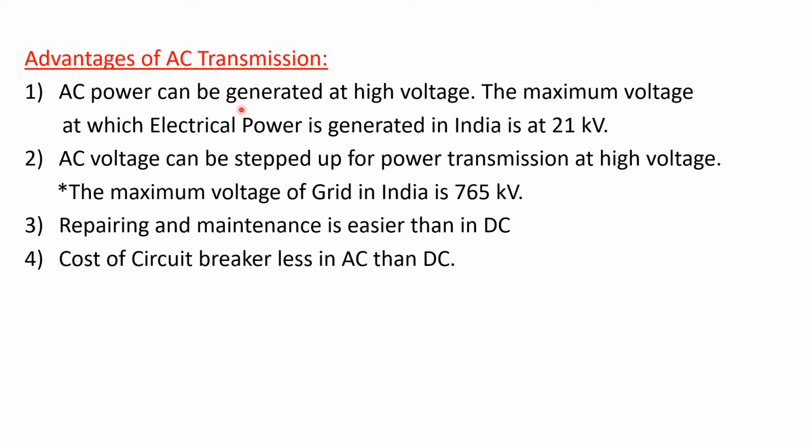And in AC transmission system, repair and maintenance is easy when compared with direct current. The cost of circuit breakers will be less in AC when compared with the direct current transmission systems. These are the major advantages of alternating current transmission systems.